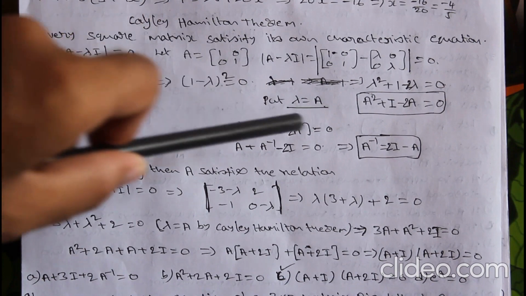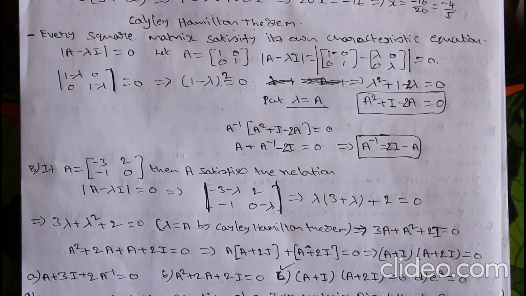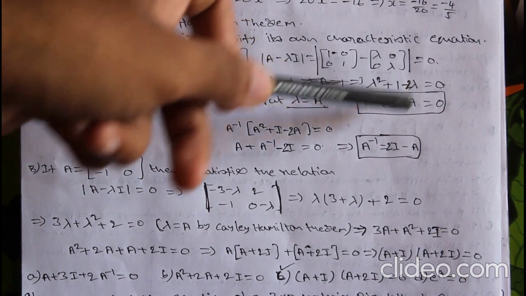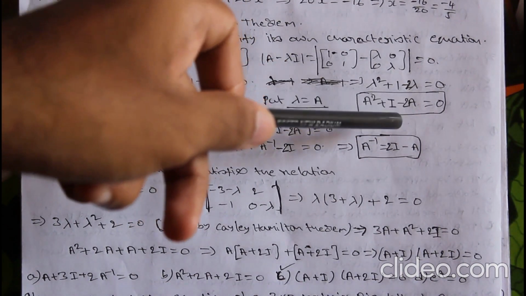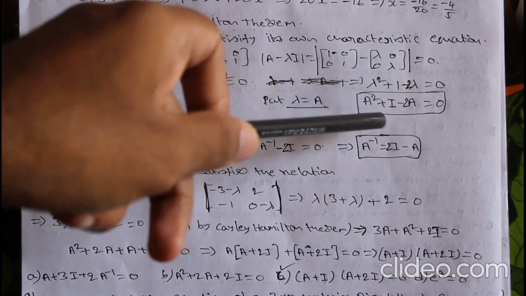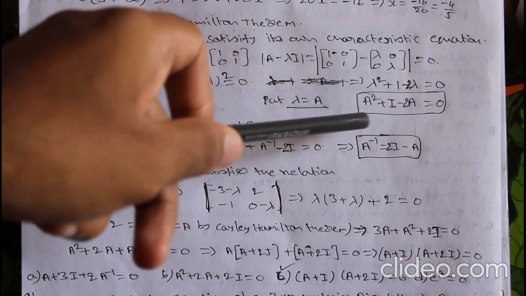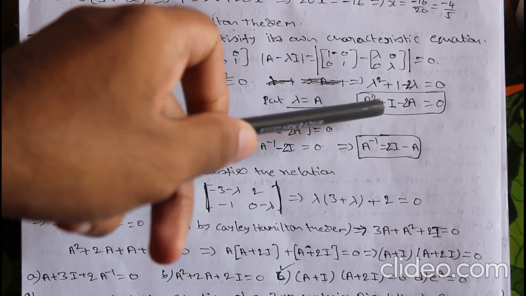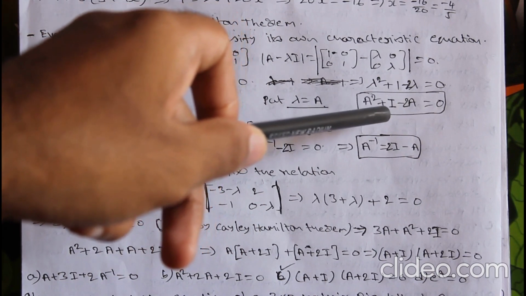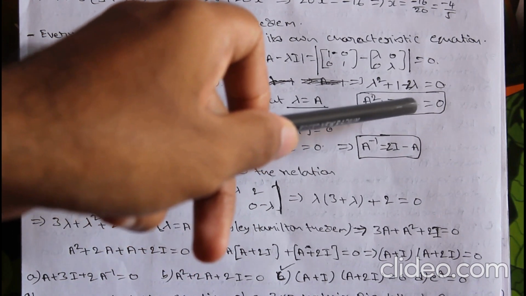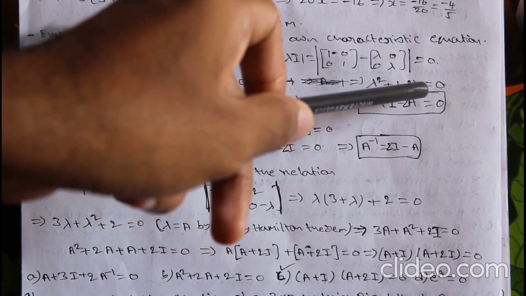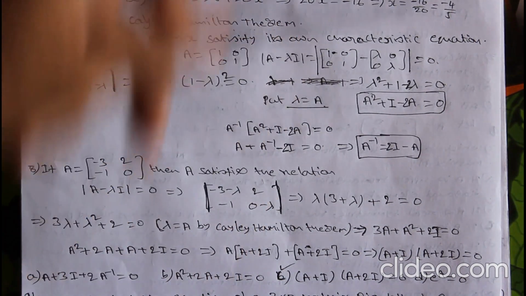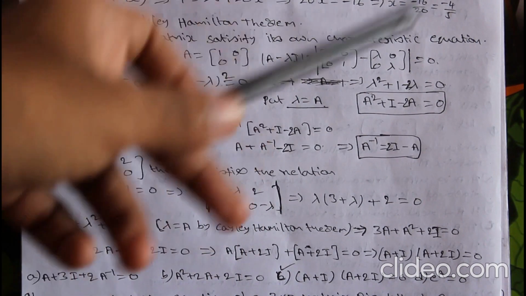As per the Cayley-Hamilton theorem, replace lambda with A, because every square matrix satisfies its own characteristic equation. So that becomes A square plus 1 into the unit matrix I, because we are writing it in matrix form, minus 2 into A, because it is 2 lambda, so 2A, is equal to 0. So that is what the Cayley-Hamilton theorem means.